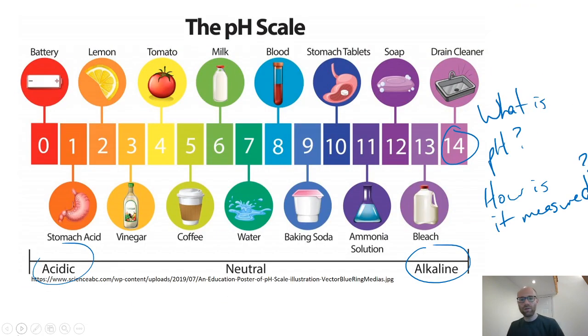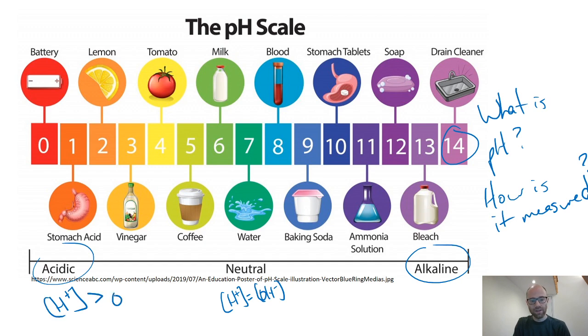So now given what we're looking at here, we can actually say a couple things. We know for neutral that the concentration of H plus equals the concentration of OH minus. And we know in acidic solutions, all that really means is that the concentration of H plus is greater than the concentration of OH minus. As you add an acid to water, the hydronium goes up, and because of equilibrium, the hydroxide goes down.